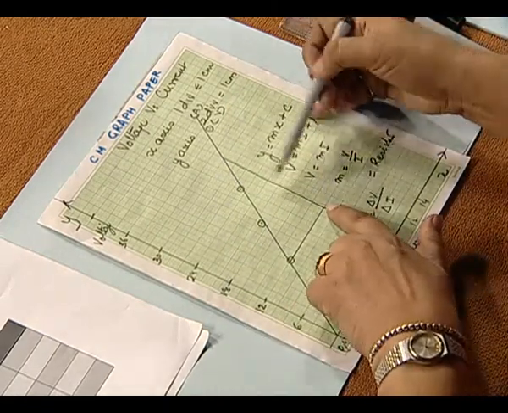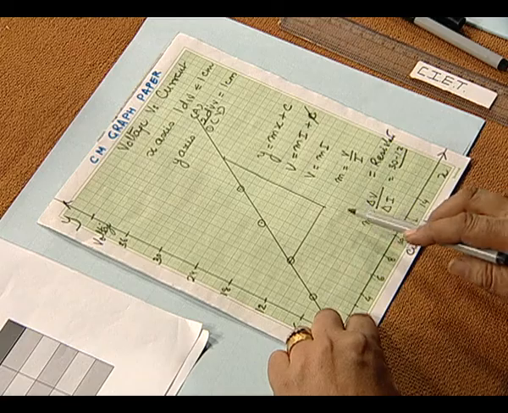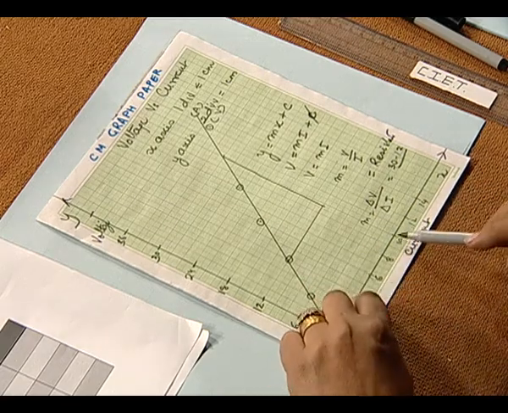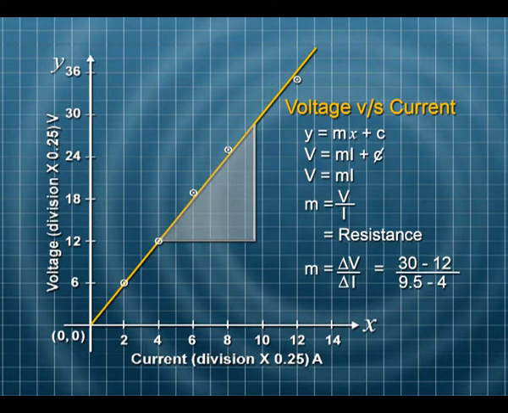And therefore, when you take this reading, it will be 30 minus 12, which is to show the variation in the y axis, and for the other side it is 4 and this is some 9.5. So, 9.5 minus 4, and this calculation will give you approximately 3 ohms. So, this value is the value from the graph, and you can use this to find the resistance and thereafter calculate resistance per centimeter of the wire.